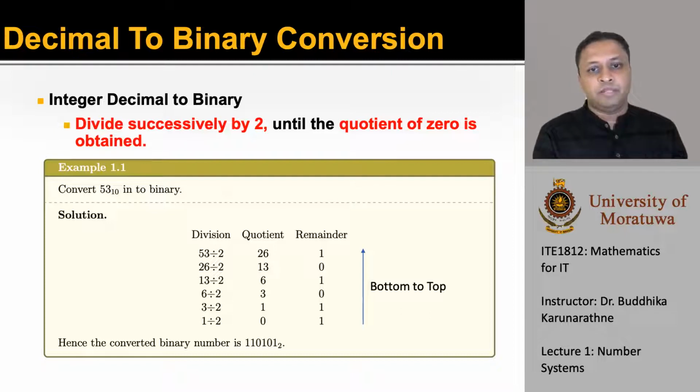And this is important: if we write the remainder sequence from bottom to top, we get the corresponding binary number, which is 110101 in the binary system. So this is how we usually convert a decimal number to binary.